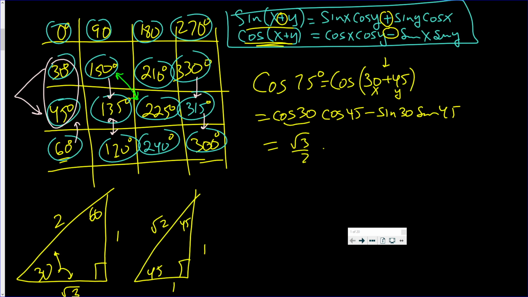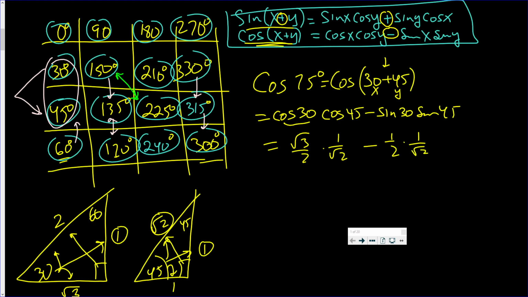Times the cosine of 45. It's adjacent over hypotenuse, 1 over square root of 2, minus the sine of 30. It is the opposite over the hypotenuse, or half. The sine of 45 degrees, it's the opposite, which is 1, divided by the hypotenuse, 1 over square root of 2.